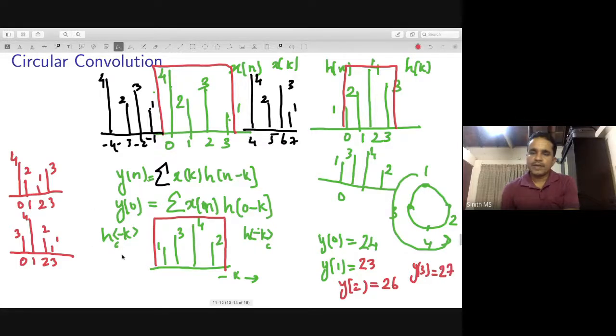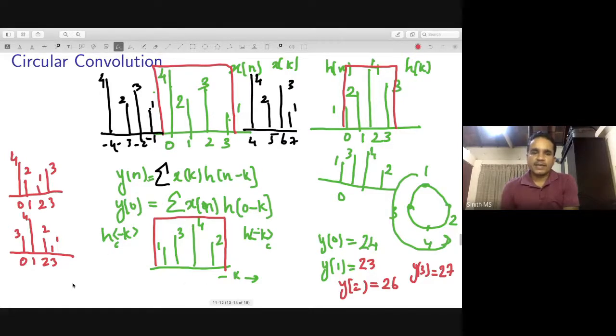So your y of n, that is when you do circular convolution of this signal x of n and this signal h of n, you time reverse it, shift it, multiply it and add it.